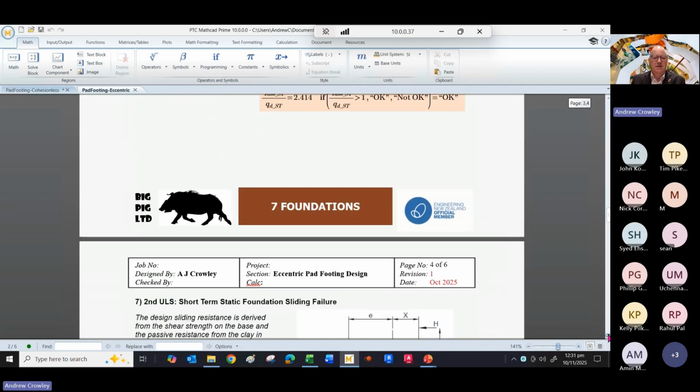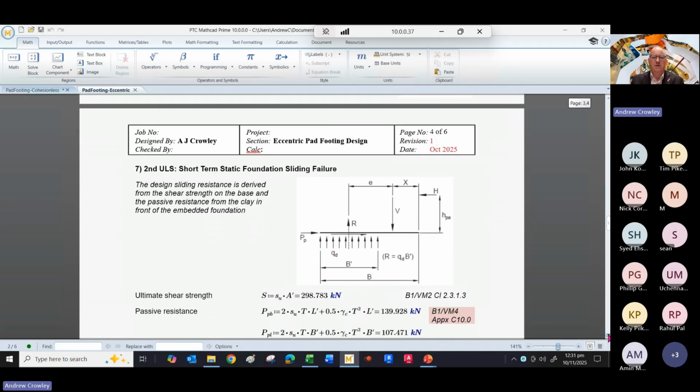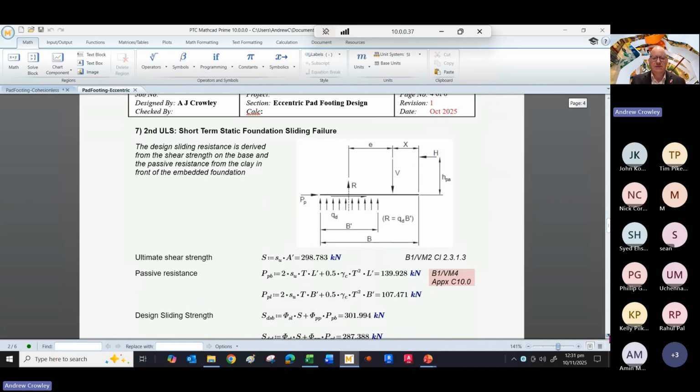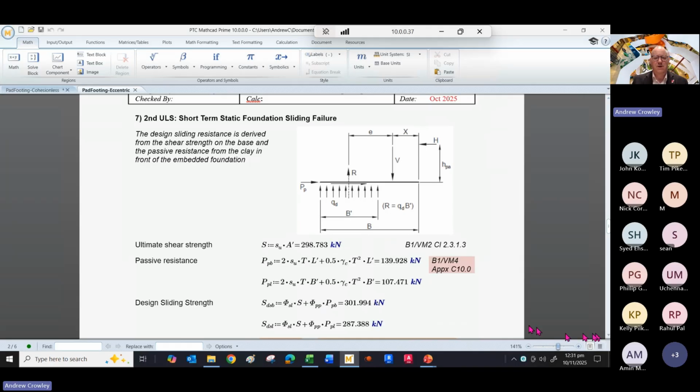Going on to our second check, which is our short-term static foundation sliding failure. So this is a similar approach to before. We're just looking at the adhesion effectively underneath the pad foundation and multiplying it by the area. We also add the passive resistance in both directions.